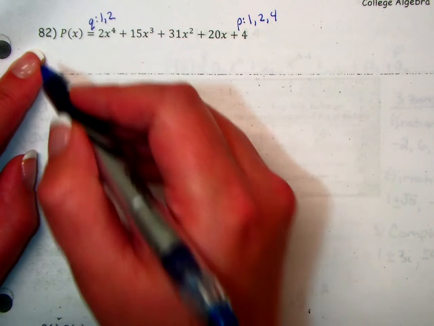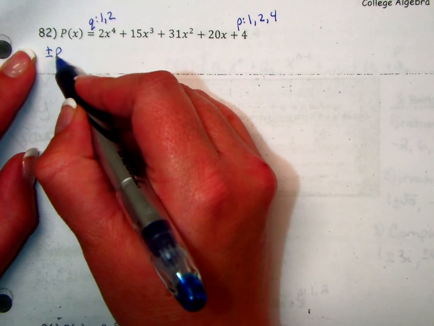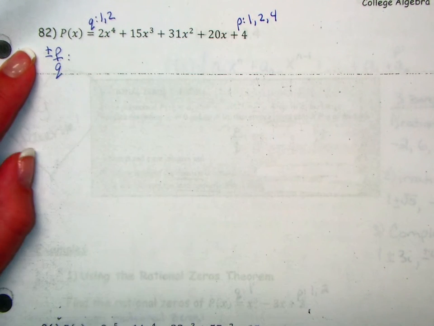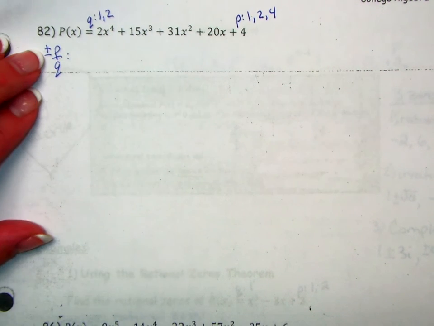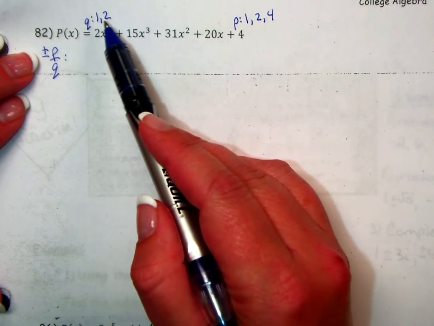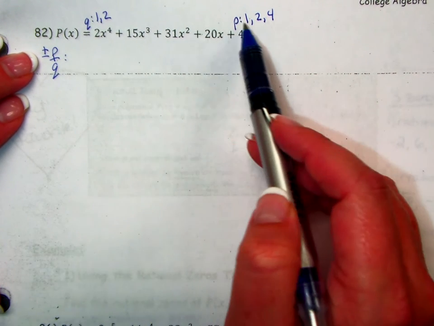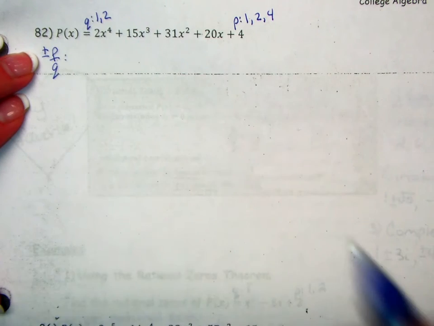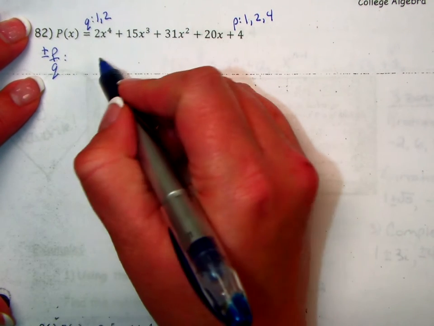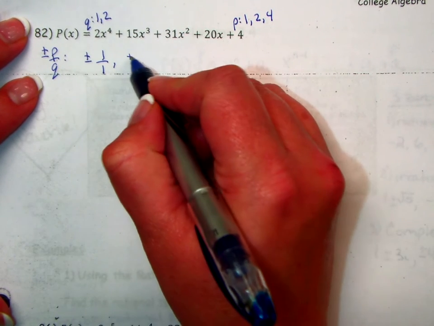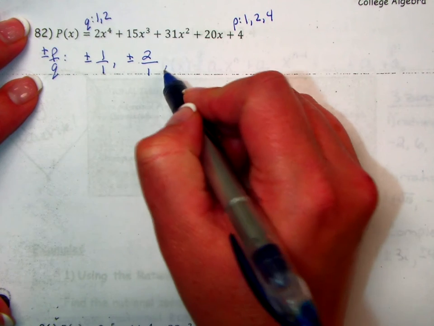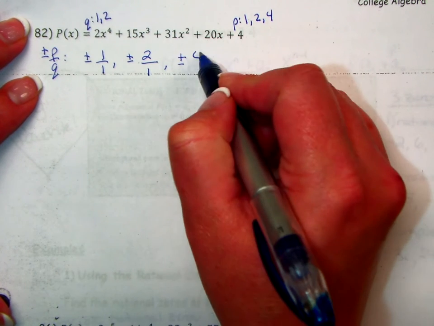All right. I'm going to go ahead and write my P over Q list this time just to model it a couple more times here. So I'm going to put all the P values over 1 for the first row. I'm going to put all the P values over 2 for the second row. So we've got plus or minus 1 over 1, plus or minus 2 over 1, plus or minus 4 over 1.